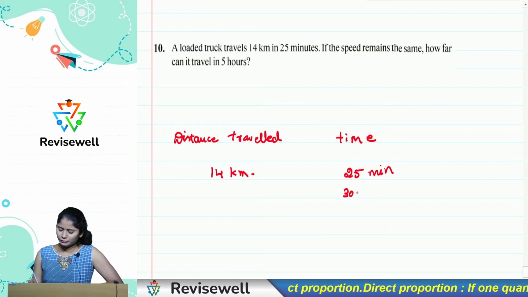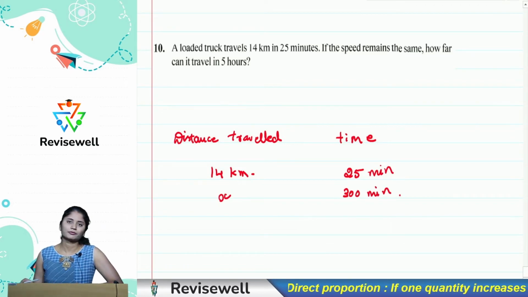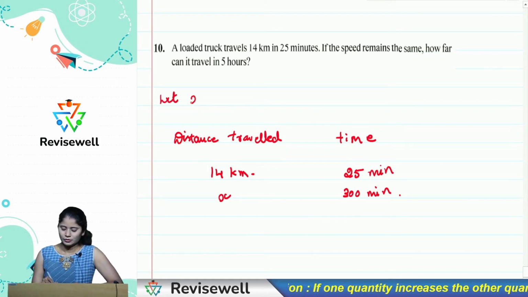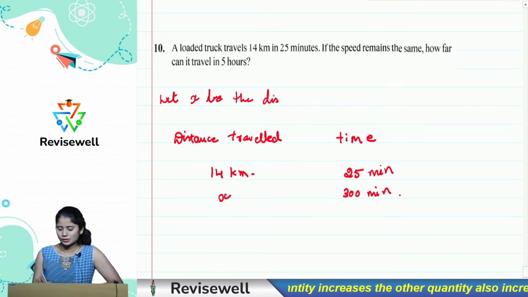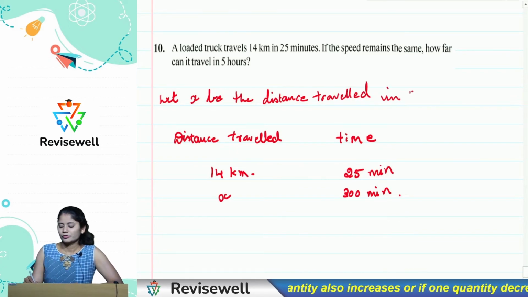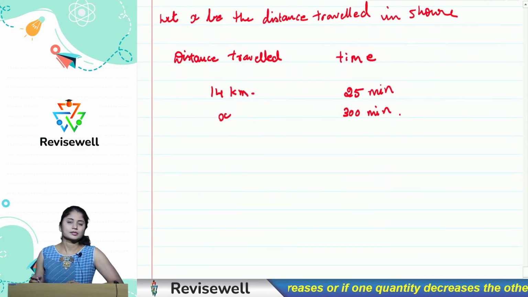So for 300 minutes, what is the distance traveled? Let x be the distance traveled in 5 hours, or 300 minutes. As one quantity increases, the other will also increase.